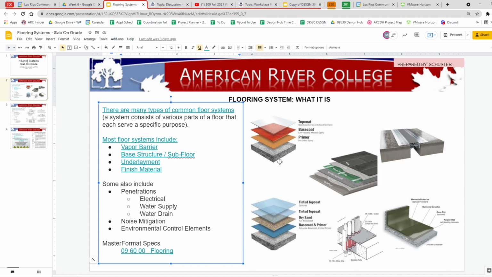And so here is an example. There's a concrete base, and then there's some sort of a primer and a base coat and a top coat, and those can be all sorts of different things. Here's with thin set and underlayment and floor heating and more thin set and more tile.